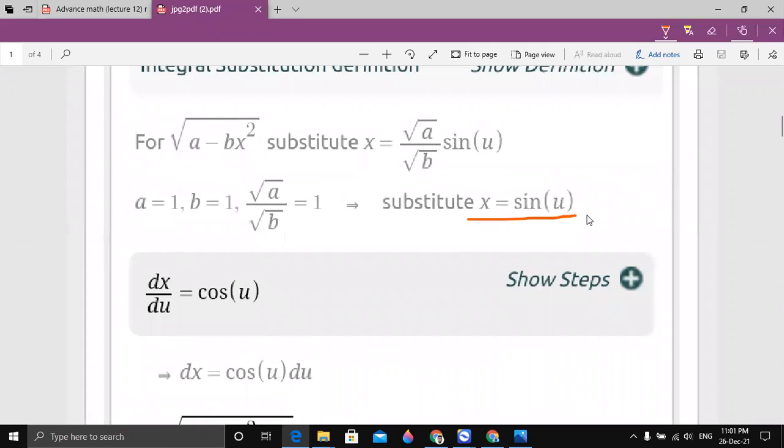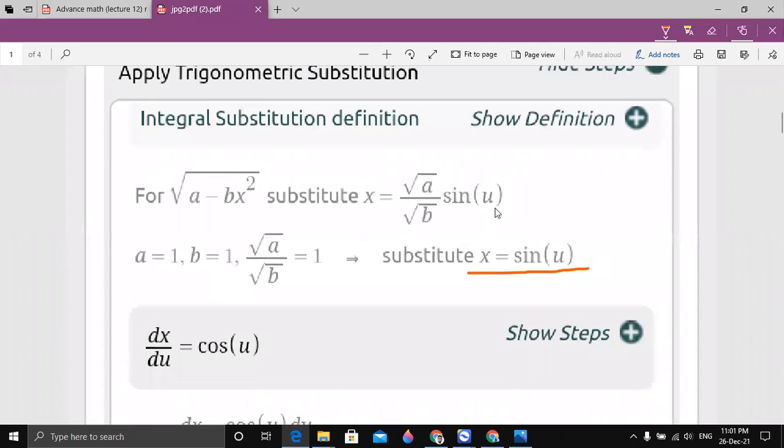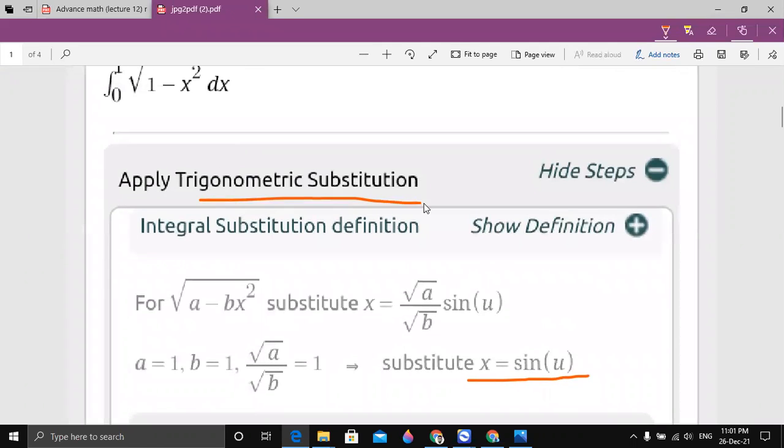So x is sine u from trigonometric substitution.